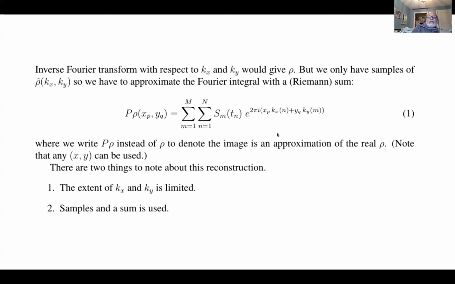I'm a math guy, so a lot of my software has this equation in it explicitly. But most people, when they're doing image reconstruction with MRI pulse sequences, will be using a fast Fourier transform. A fast Fourier transform gives you a quick way of doing this particular sum by shuffling things around.